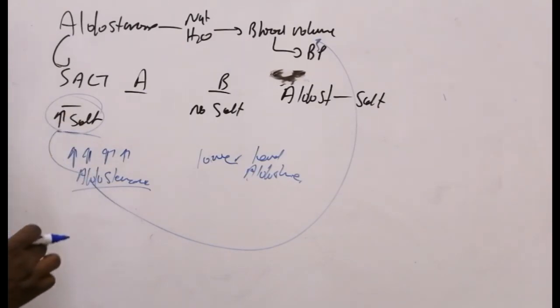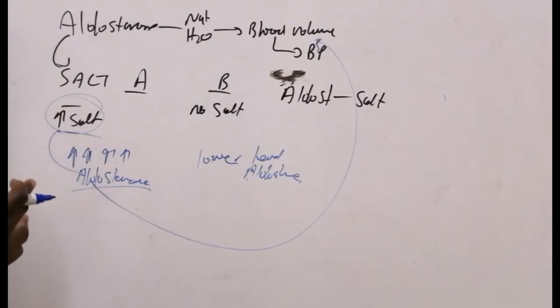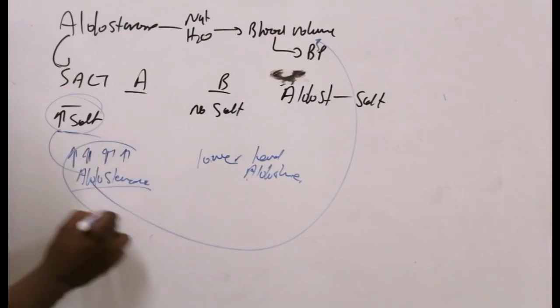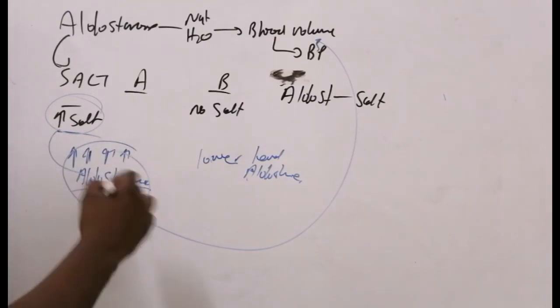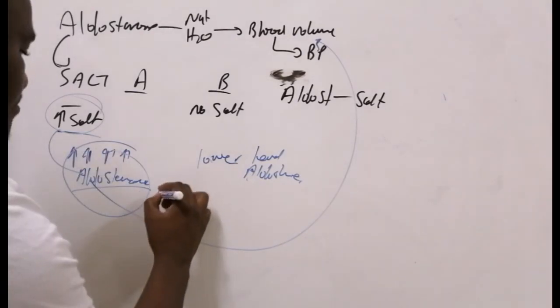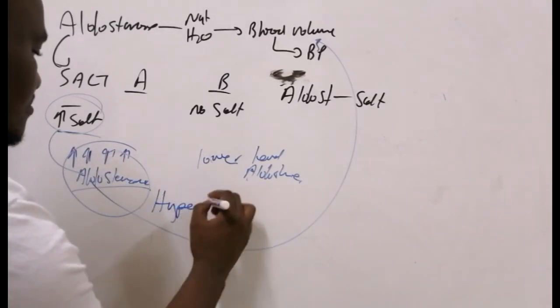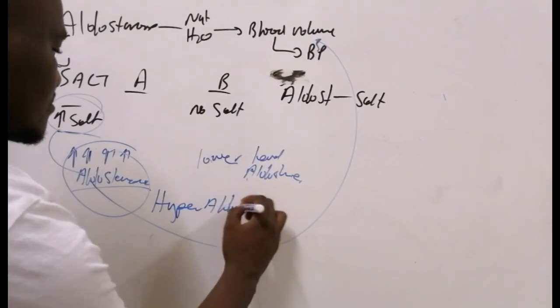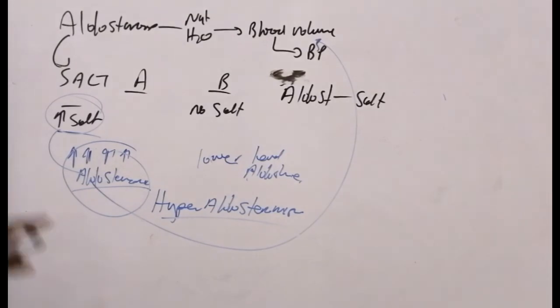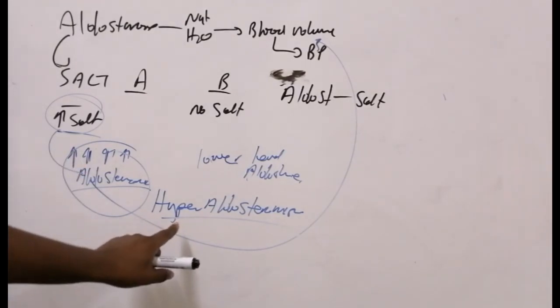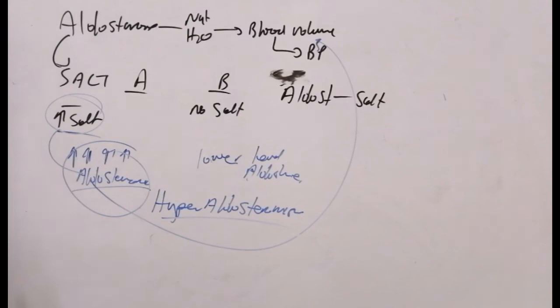But in this case, you've got a patient who's taking a lot of salt. Now they've got a high aldosterone in their blood. So in a way, you have created some kind of hyperaldosteronism, because now you've got high levels of aldosterone in the blood.